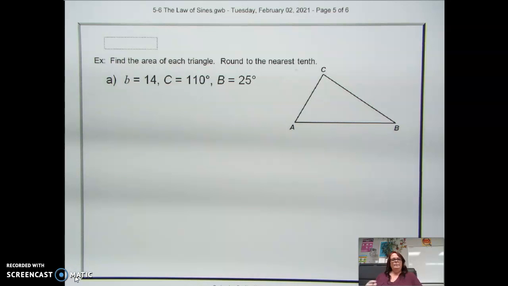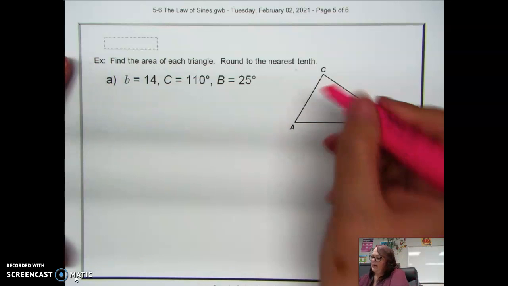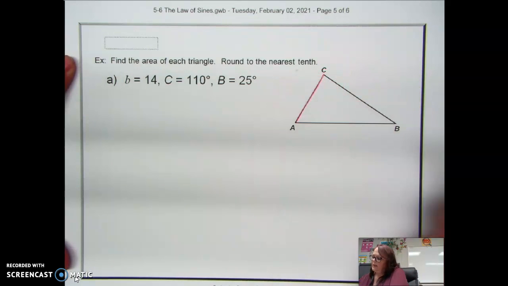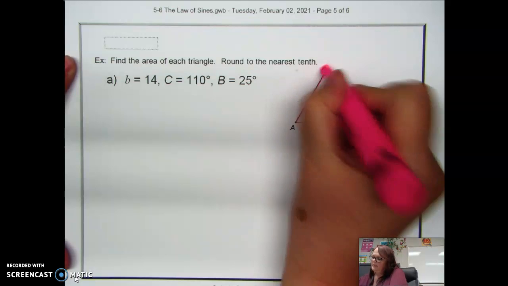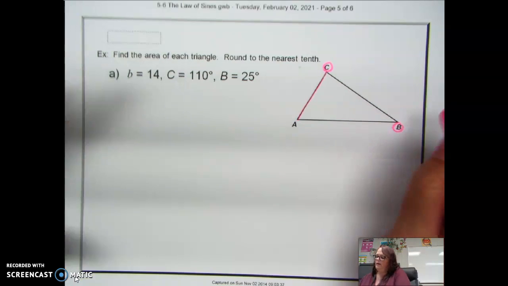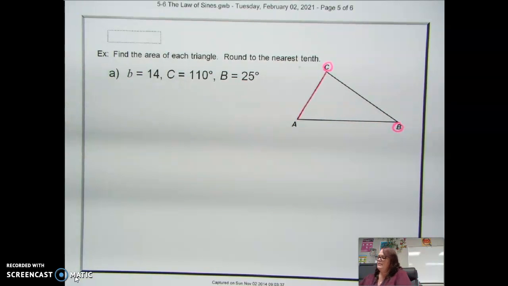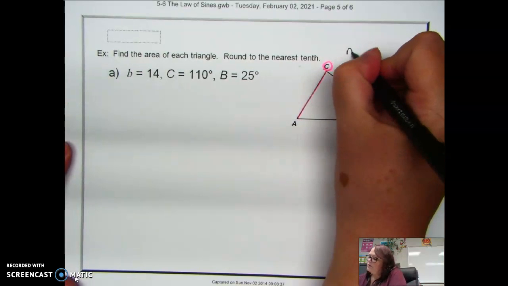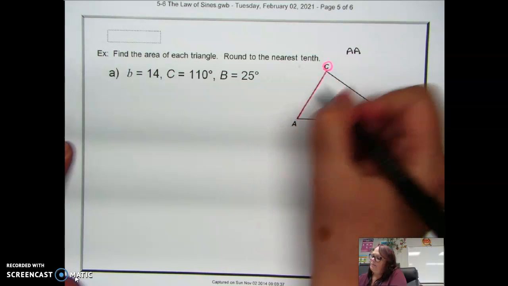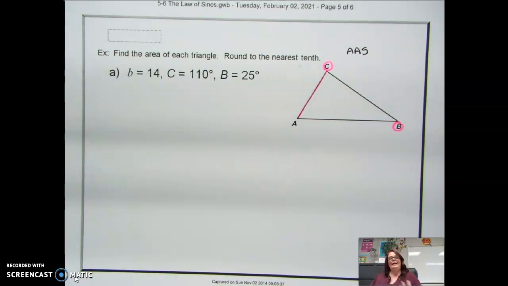So if we take a look at our picture here, they're giving us the measure of little b. So that is this segment here. They're giving us the measure of big C, and they're giving us the measure of big B. So notice that is two angles and the side that is not between the two angles. So that's called angle, angle, side if we were showing that it was congruent to a different triangle. Okay.